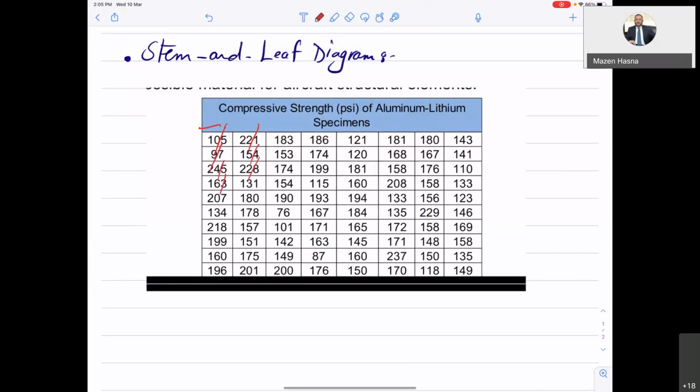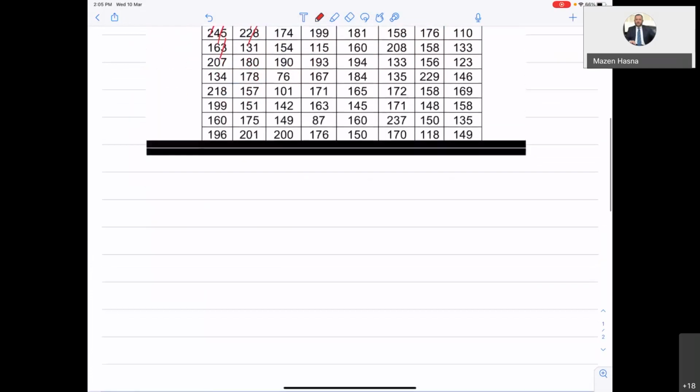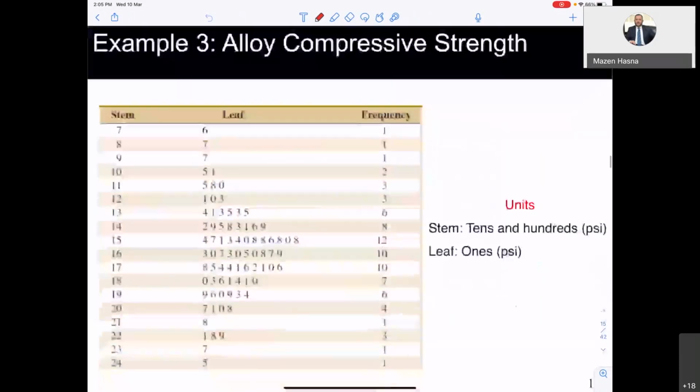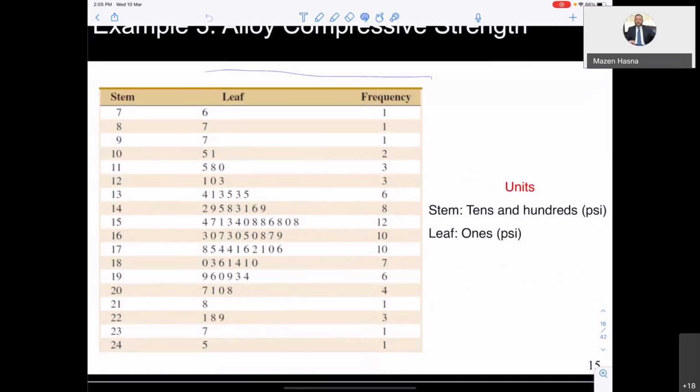So we'll do it for all numbers. This is the stem, this is the leaf, and our diagram will look like this.